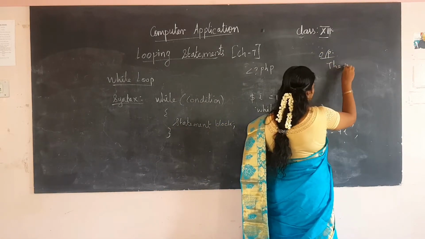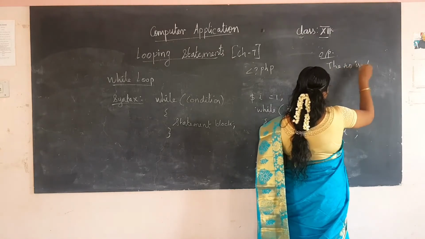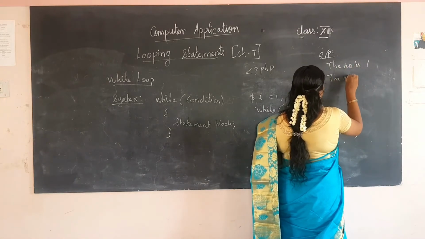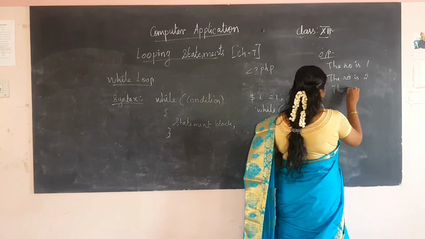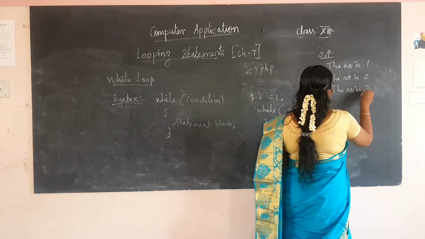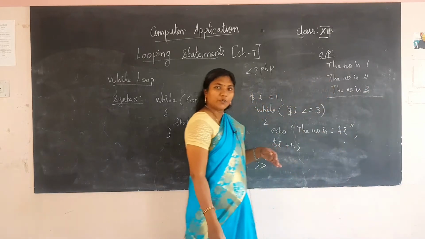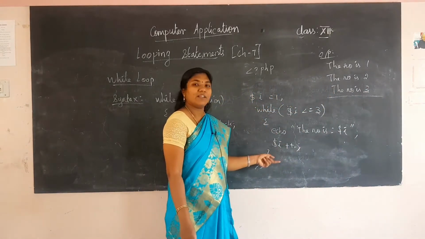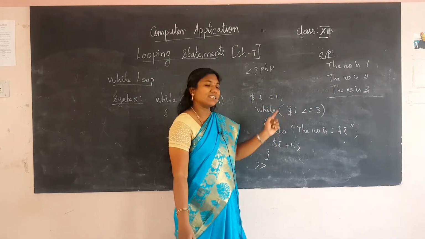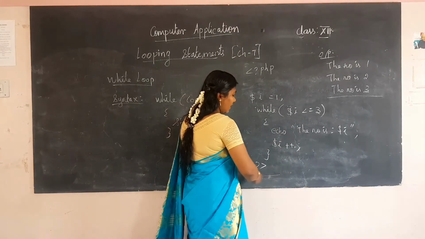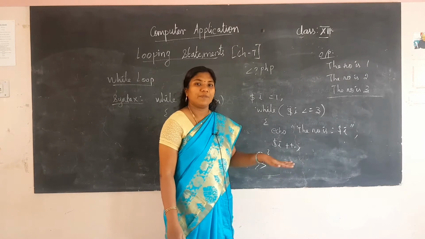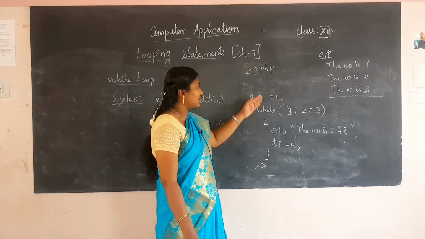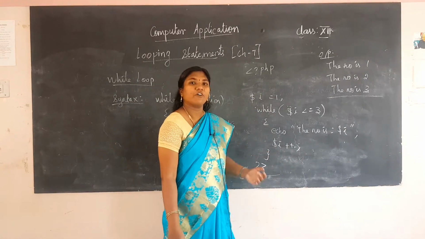First "the number is 1", then "the number is 2", and "the number is 3". This will be the output. When I gets incremented, 3 plus 1 is 4, the condition becomes false. After the loop we have not given any statement, so the output stops. So this is the example program for the while loop.